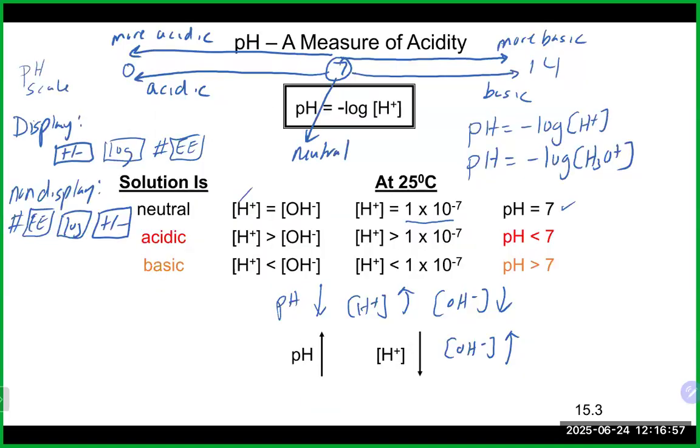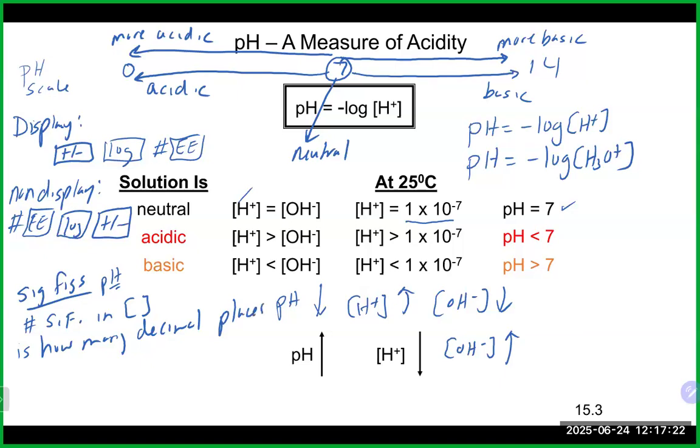Let's talk a little bit about sig figs and pH values. The sig figs rule with pH is that the number of significant figures in the concentration value is how many decimal places you should have in the pH value.